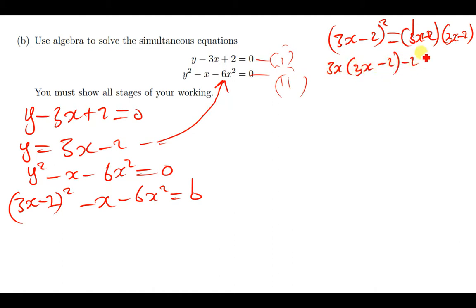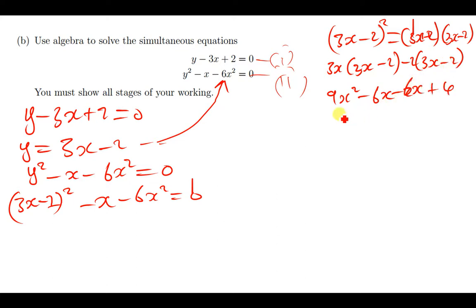Then we also have minus 2 multiplying with everything in the second bracket. So I have 3x times 3x, the answer is 9x squared. 3x times negative 2, the answer is negative 6x. Then same applies to that part, we have negative 6x, and then we have plus 4.